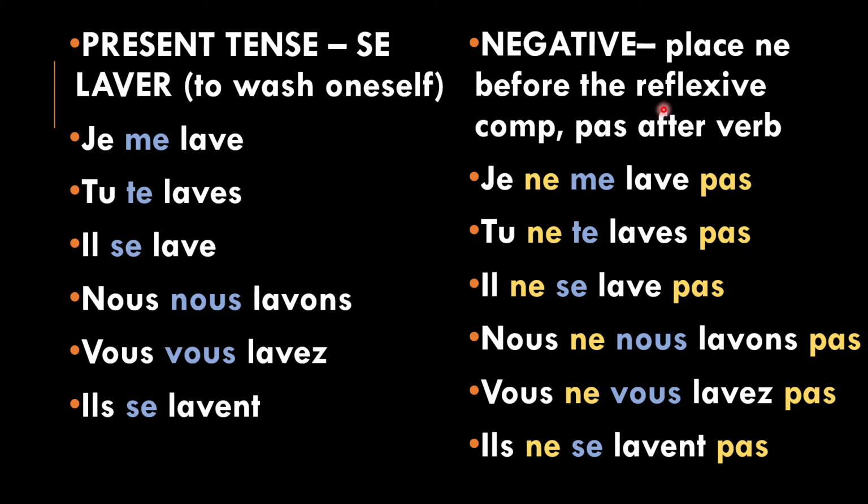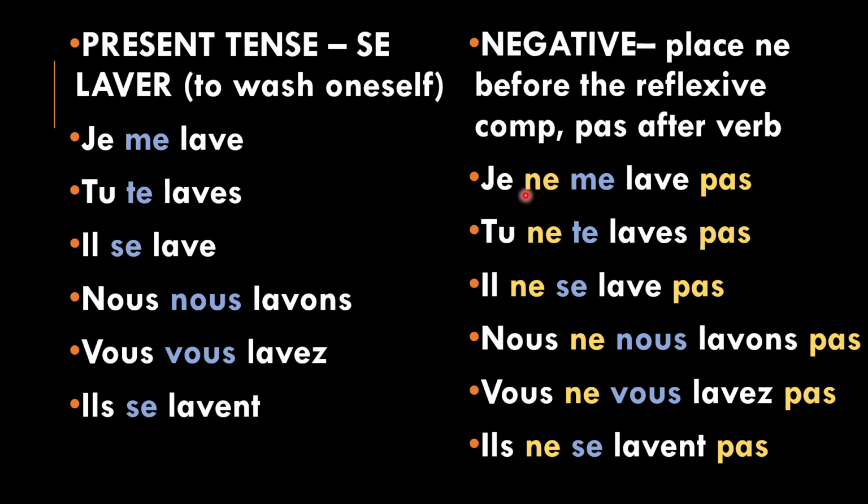You are putting ne before the reflexive component because the reflexive component has to stick to the verb. Remember that. Nothing can come in between them. So the ne has to come before the reflexive component and the pas will remain after them. That doesn't change. Just remember that the ne has to come before the reflexive component, not before the verb.